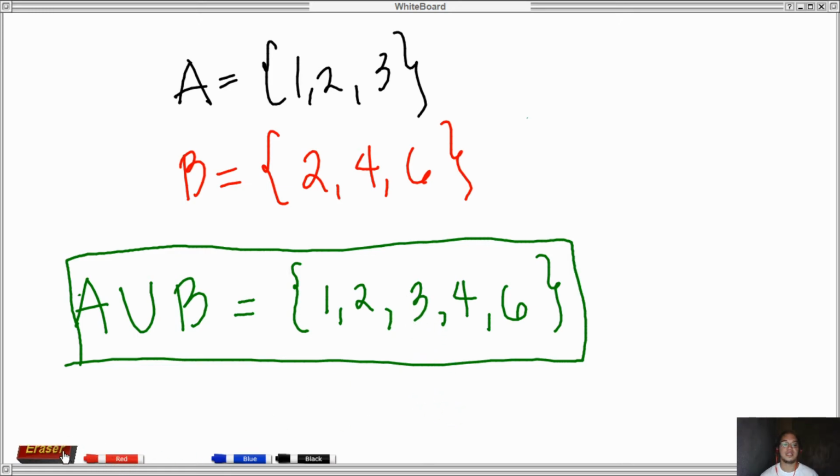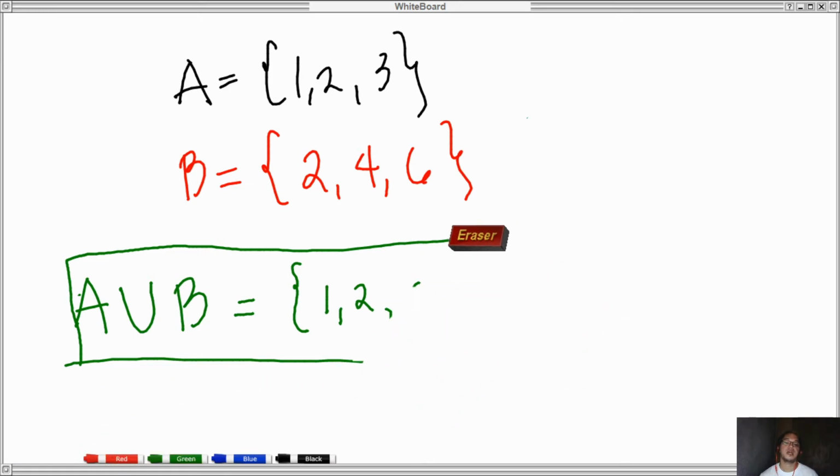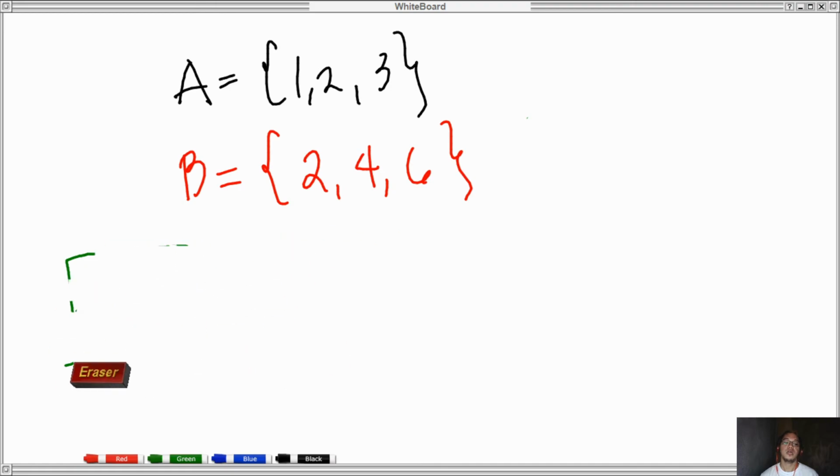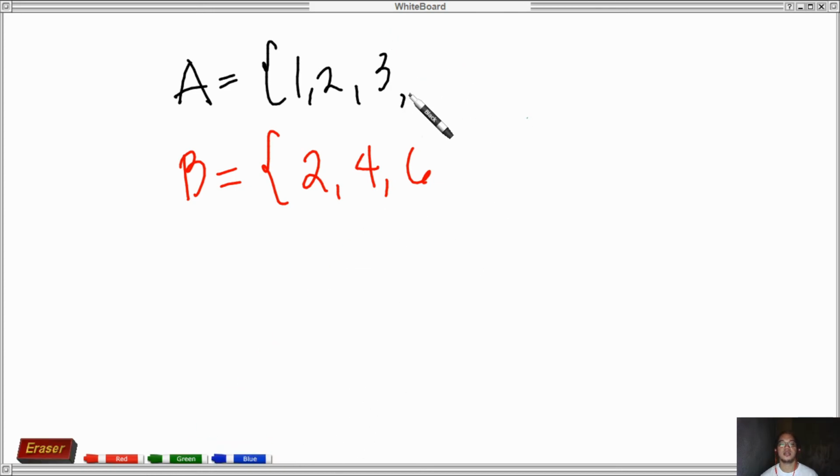Okay, let's have another example. Let's add another element to these two sets: 4 and then 8. What do you think is the union of A and B this time?